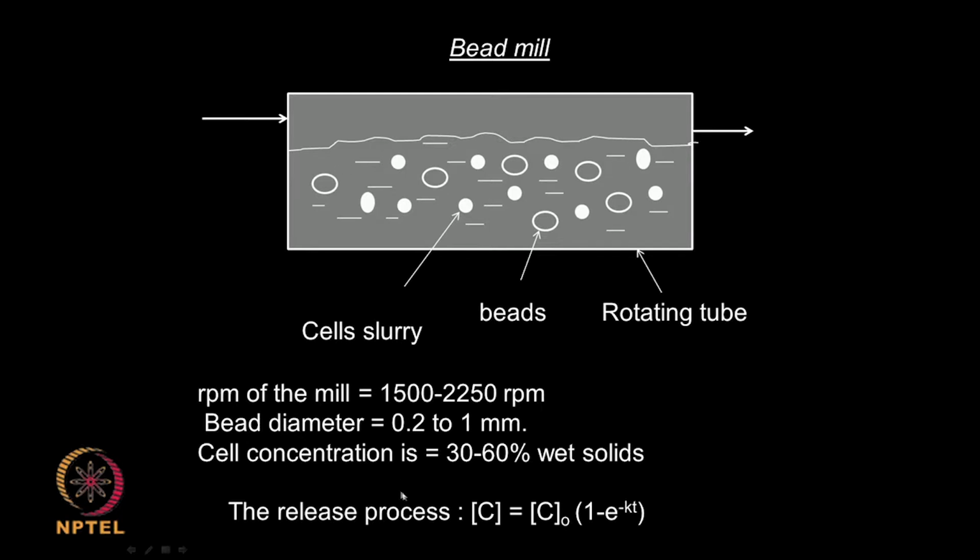The release of the intracellular material is considered to be a first order process. Generally we take it as a first order process: C = C0 (1 - e^(-kt)). That is how it is assumed.